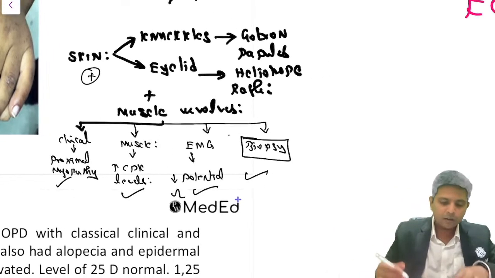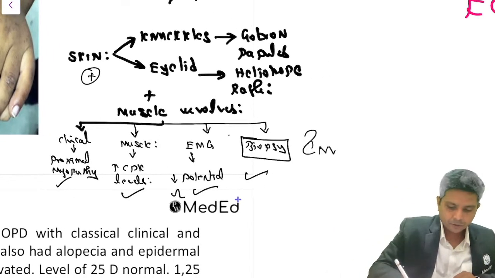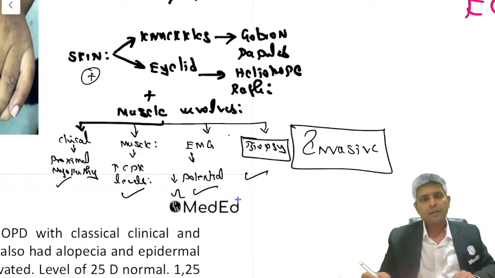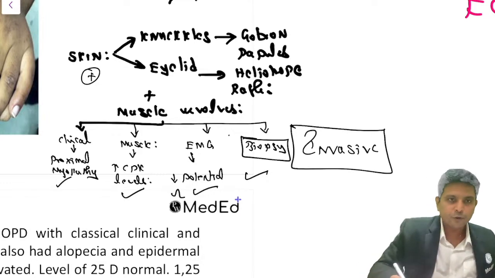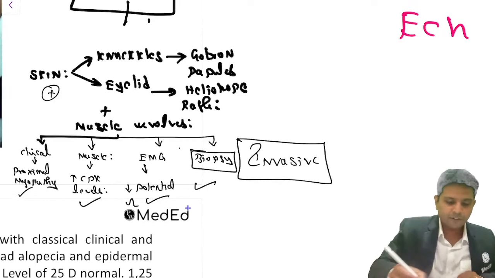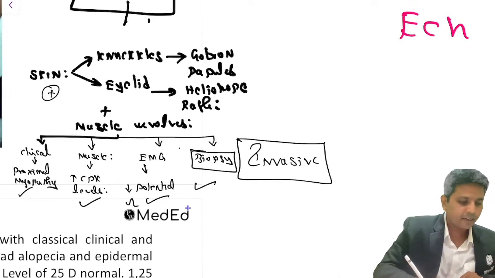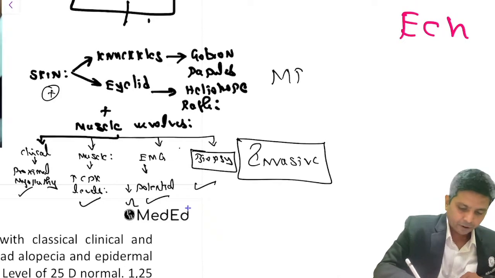Remember, all these methods are invasive. That's why, instead of doing all these things, for dermatomyositis they have preferred MRI thigh.